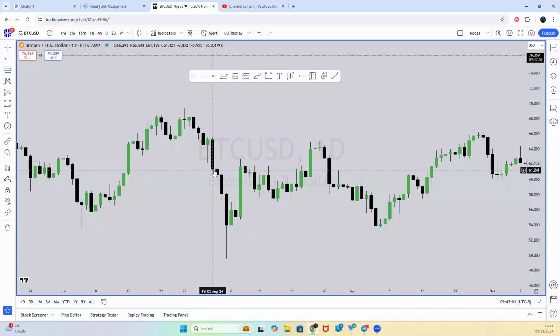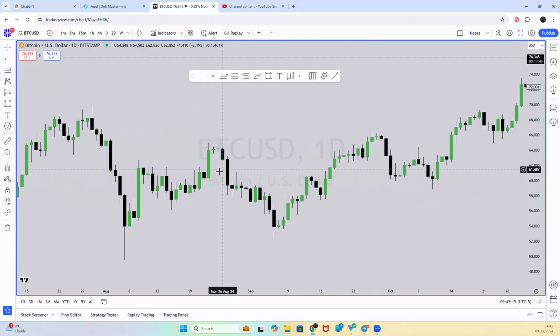Candles that close very near their low or their high can show momentum, and most often that momentum will continue. You then have patterns which are engulfing.